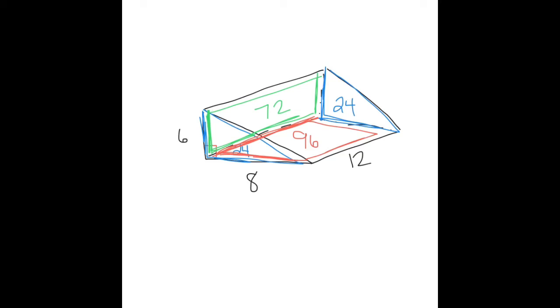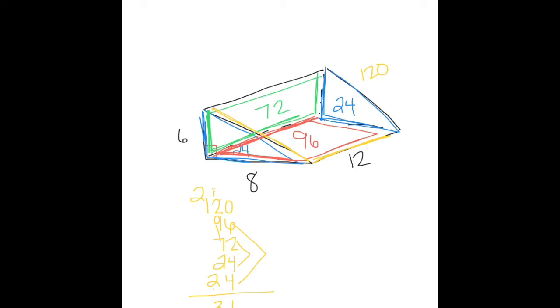But I also have this top piece right here, which is 10 units by 12 units. 10 times 12 is 120. So if I add them all up, 120 and 96 and 72 and 24 and 24, let's see, 16, 17, 18, 19, 20, 21, 22, 23.